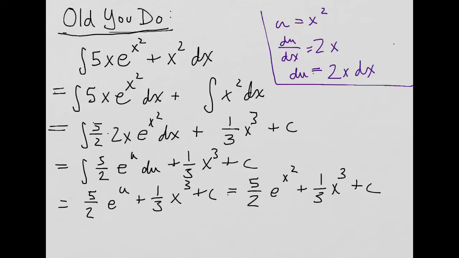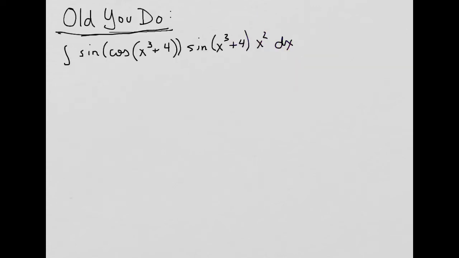Now let's go on and do the next one. So I know last time I said that you might have to do more than one u substitution, and you can, but I realized after the fact that you could do it with just a single u substitution. So if we're looking at this problem, it is kind of obvious that this cosine of x cubed plus 4 is the inside function of this sine, and it's the more complicated one.